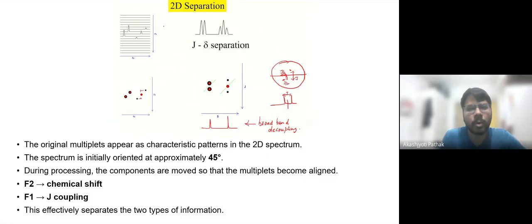So this is how 2D J-resolved spectroscopy looks. Your F1 dimension will have the J coupling information, and your F2 dimension will have the chemical shift information.